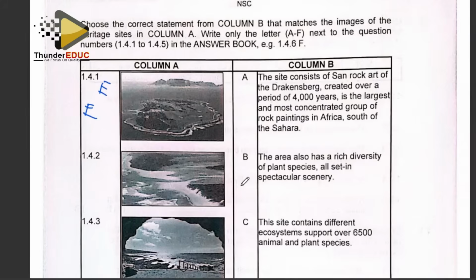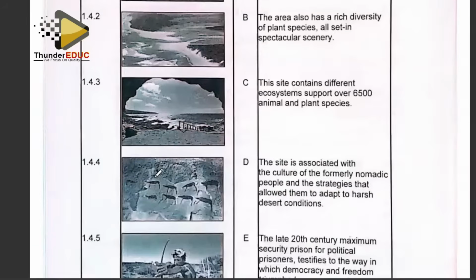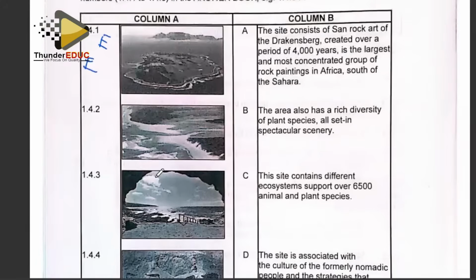1.4.2. The area is a rich diversity. This should be the letter C. The site contains different ecosystems that support over 6,500 plant and animal species. So this is the letter C, which is Mpumalanga Wetland Park. For 1.4.1, that is Robben Island.